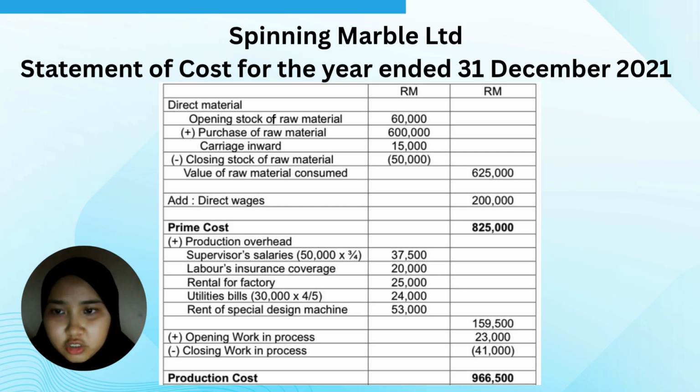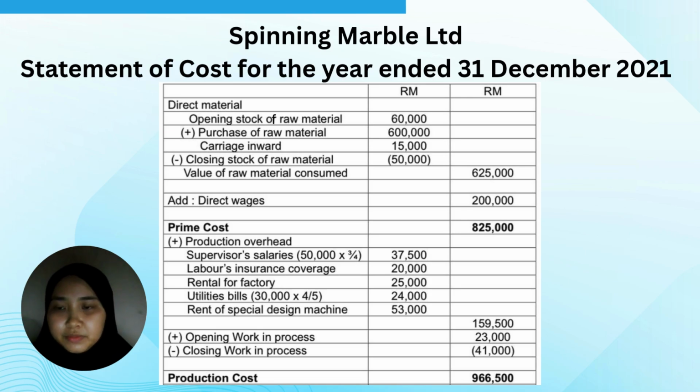We have opening stock of raw material, the amount is 60,000, plus purchase of raw material 600,000, carriage inwards 15,000, minus closing stock of raw material 30,000. So the total of the direct material is 625,000.